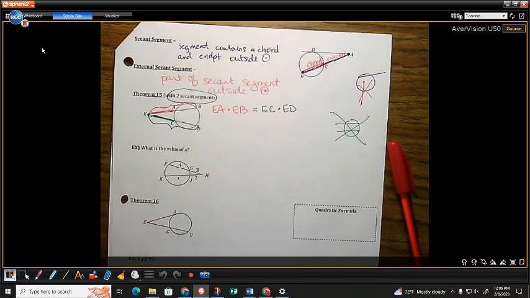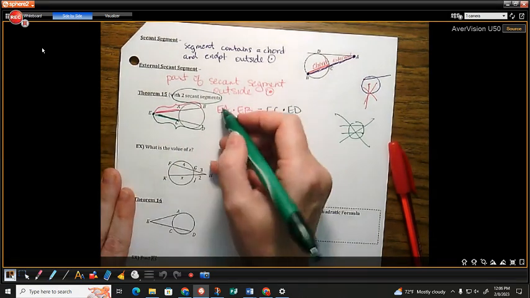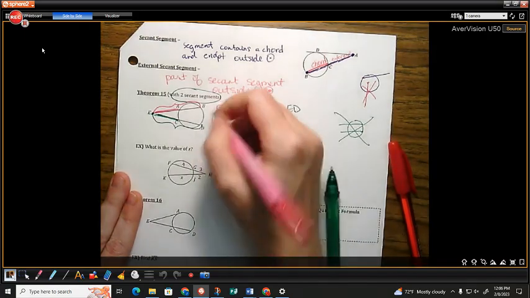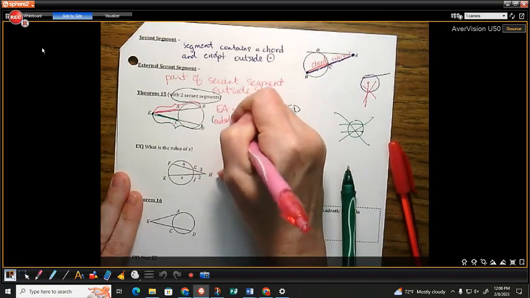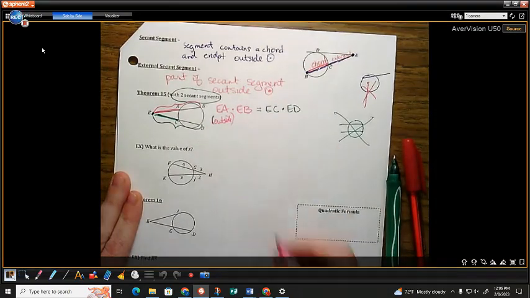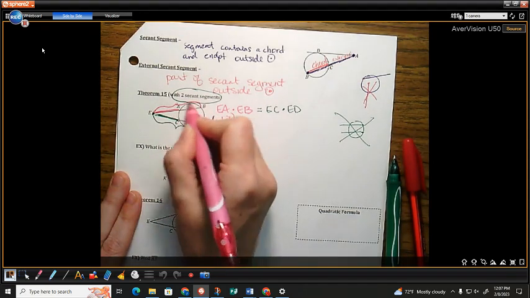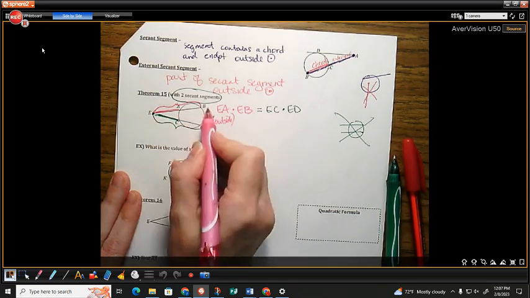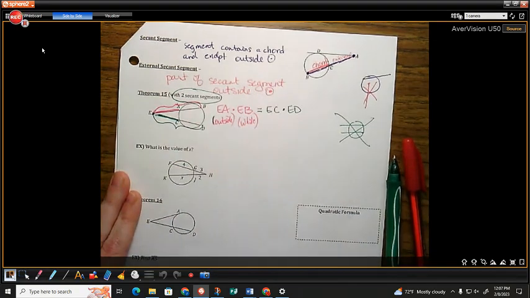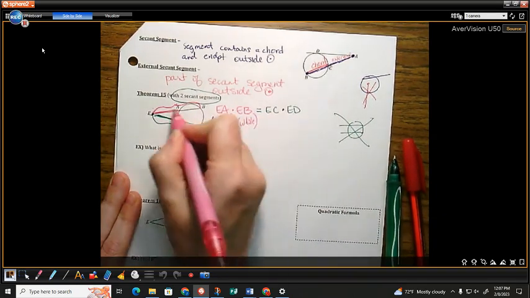I need someone to describe what these different parts are. What is EA? It's the external part. Do you mind if I call it just the outside? Sure. And what is EB? It's the whole secant segment, from E to B. So you've got the outside part and the whole secant segment.